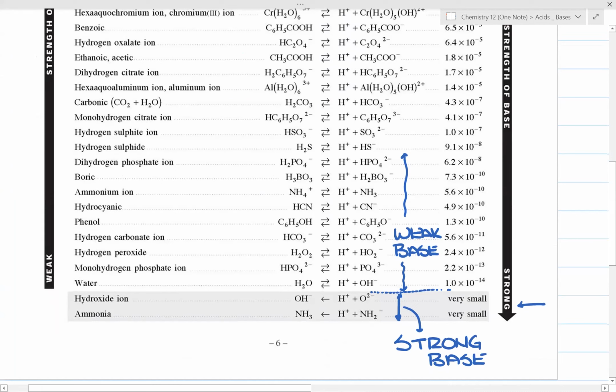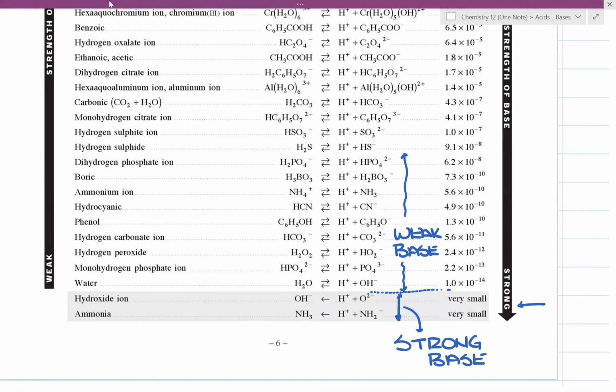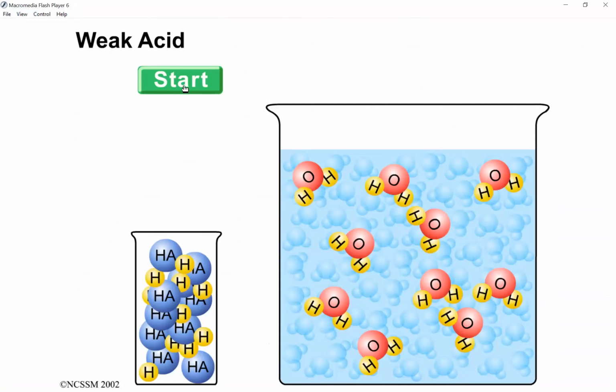Now, but before we do that, I just wanted to show you the difference in terms of separating strong acids and weak acids, and what does it look like? So remember, when we talked about a weak acid, there's very little dissociation. So here we have our water molecule and our acid particle.